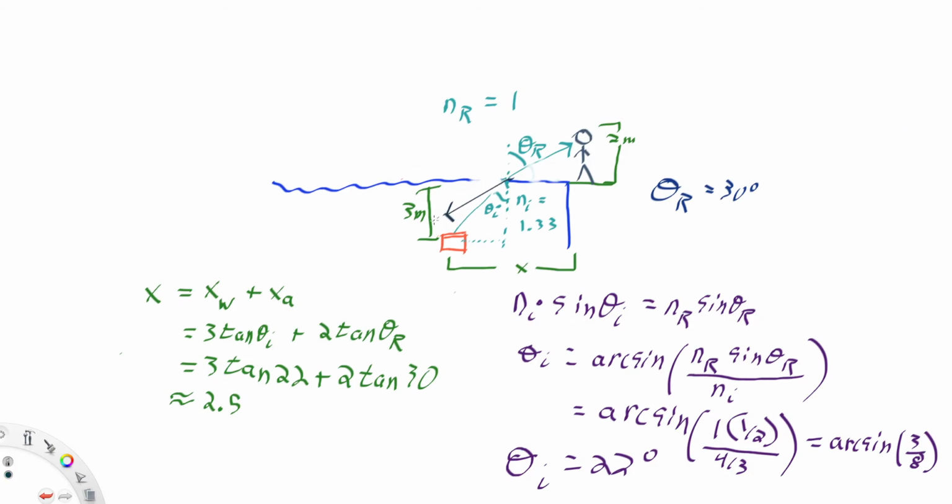Now, if we notice, that's going to be shorter than the apparent distance from the shore, right? So if we are looking straight at what we think is the treasure chest, right, then we're going to think, right, so this is the apparent distance, that the vertical distance is 5.